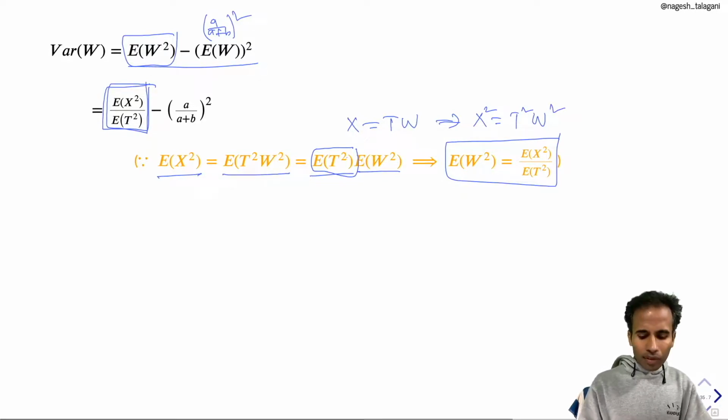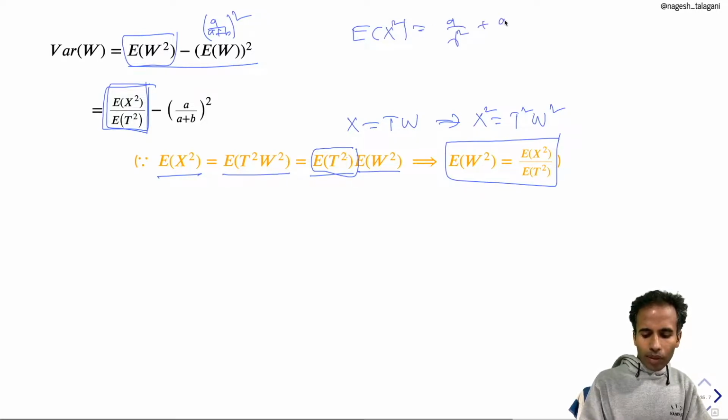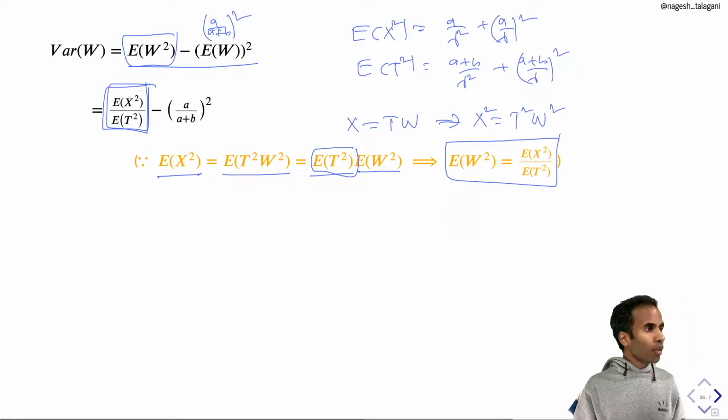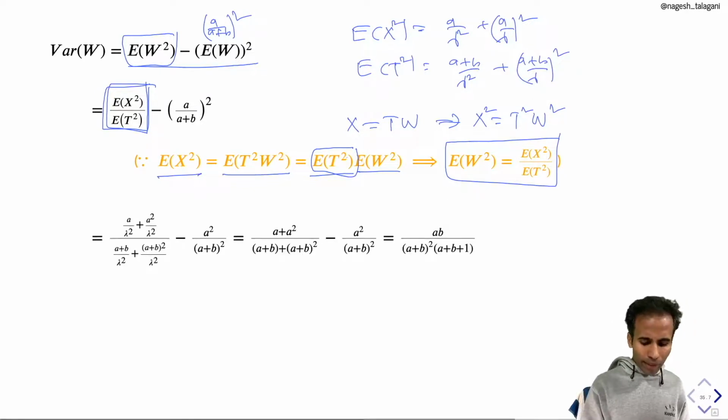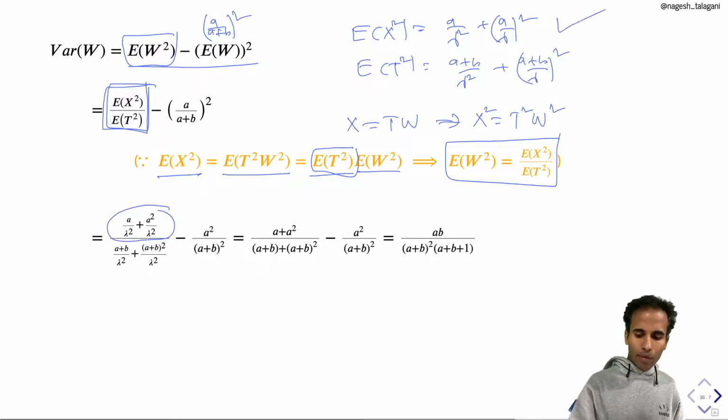So this expectation W square I wrote as expectation X square by expectation T square. In the previous slide, I wrote the expectation of X square equal to A by lambda square plus A by lambda whole square, and the expectation of T square equal to A plus B by lambda square plus A plus B by lambda whole square. Okay. Now this expectation X square I can write as A by lambda square plus A square by lambda square from this.